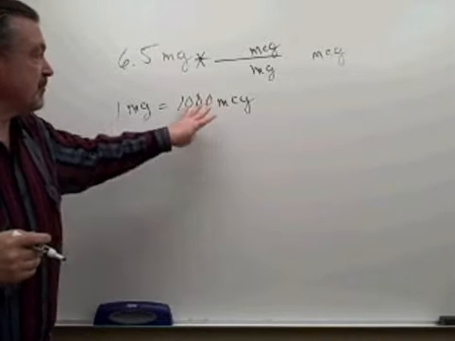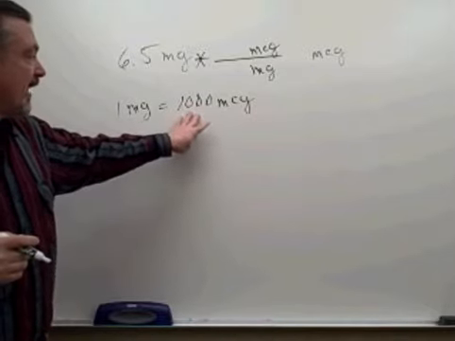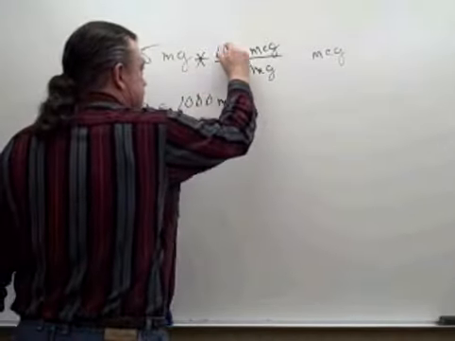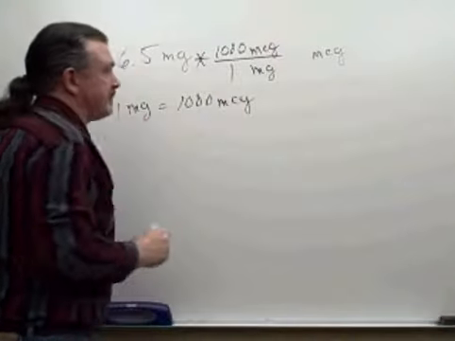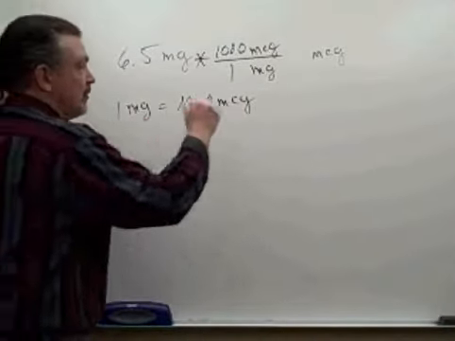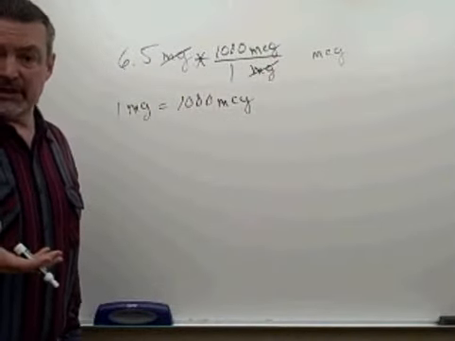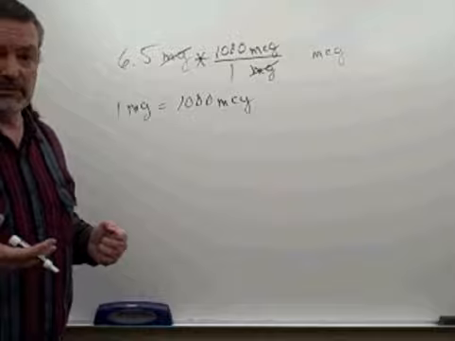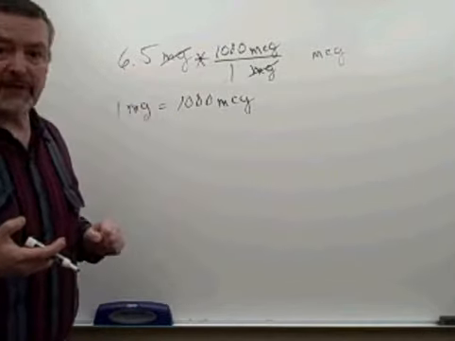And so that helps me know how to put the numbers in of this equivalence. 1,000 goes with micrograms when 1 is with milligram. So the milligram units of measure, the milligram dimensions now cancel, leaving me micrograms. And now my arithmetic is simply 6.5 times 1,000.